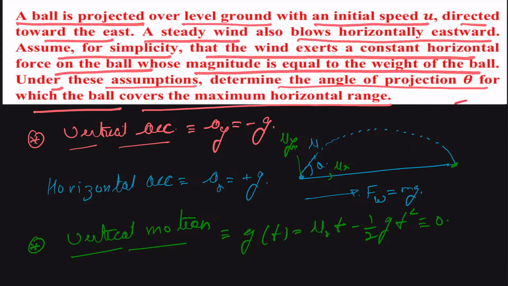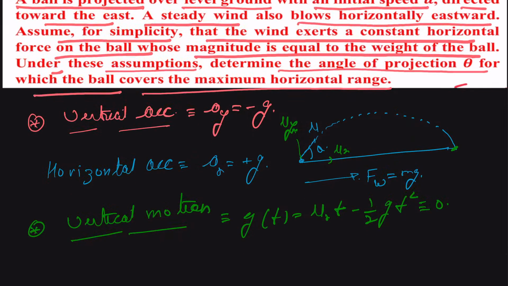So we can just put this equal to 0, and we can substitute the value of u of y as u sine of theta. So we get u sine theta times t minus 1 by 2 g t square is equal to 0.